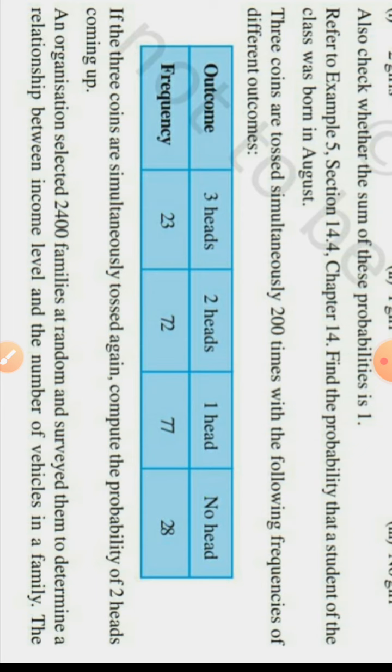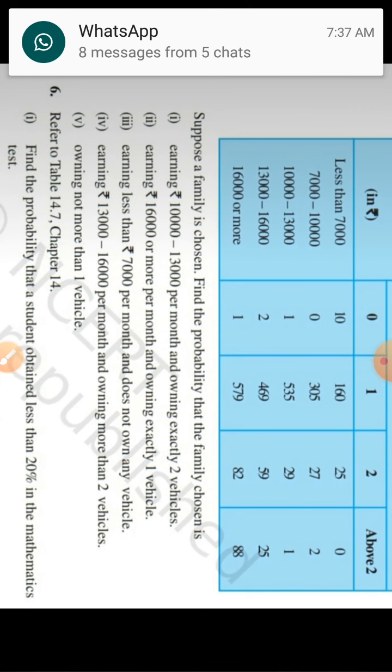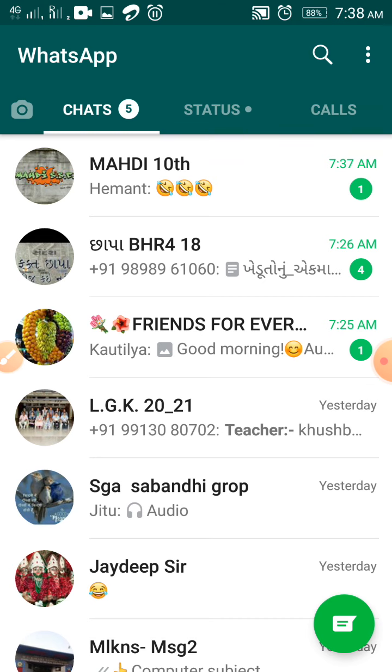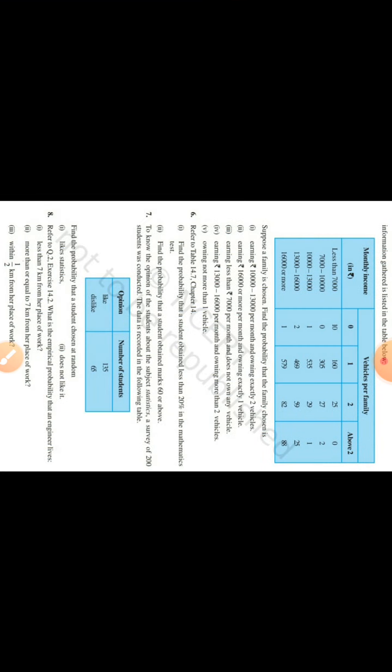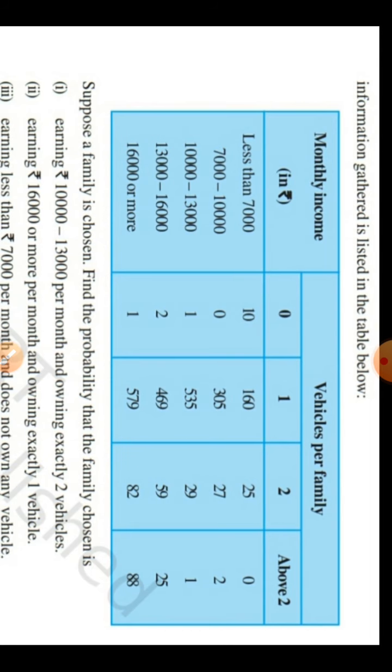So its table will be multi-layer. We have already gone through these types of tables in examples also. Okay, even then, look here, that is the table. The information gathered is listed, meaning the information of 2400 families is given in the table.